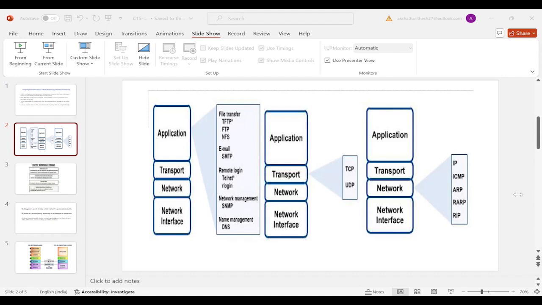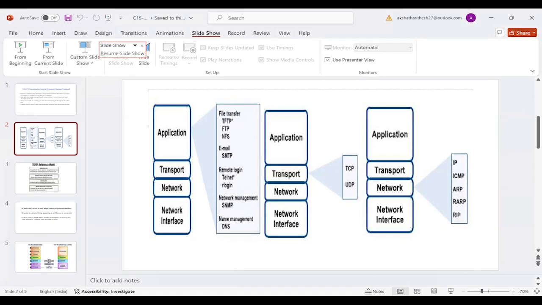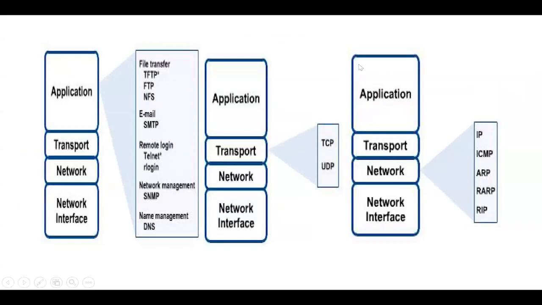Now, what is an IP address? All of us usually come across IP addresses. For example, if you were to write google.com, this is actually a name, but the networking devices will not be able to recognize Google.